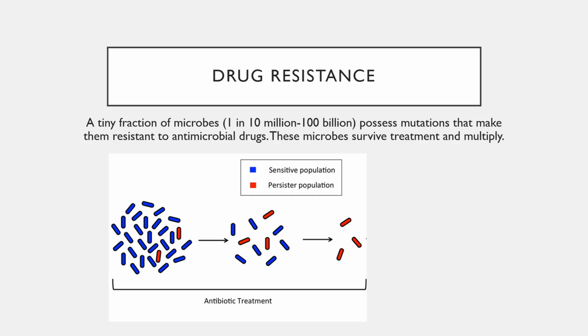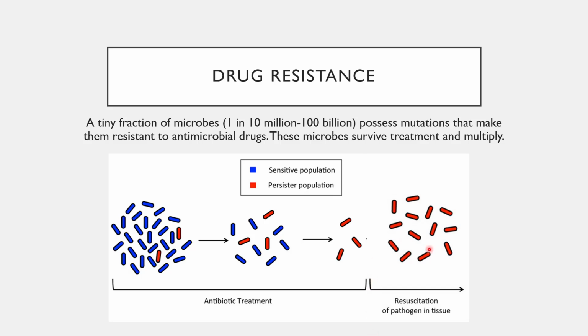That means that under the selective pressure of the antibiotics that we use to kill them, these microbes with the natural mutations are the only ones that end up surviving. Because they are the only ones that end up surviving, they are the only ones that then go on to reproduce and generate future generations of microbes. And this is what causes the increase in the population of drug-resistant microbes over time.